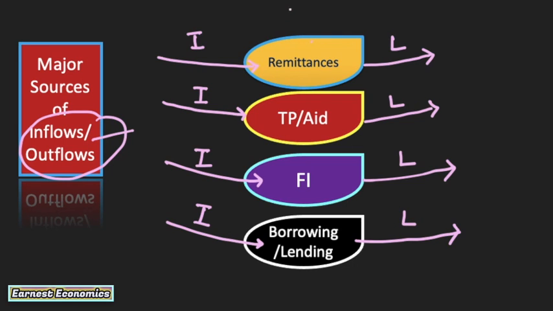We can include trade here too. If exports are predominant, it will be a case of inflows. If imports are predominant, it will be a case of leakages. So I hope that you have kept in mind all these things.